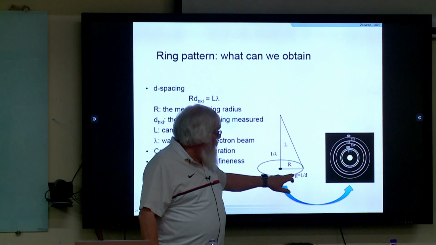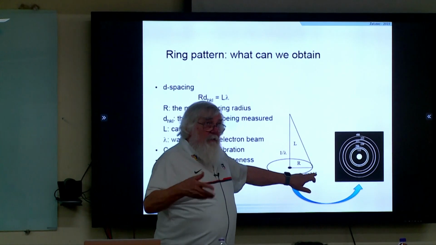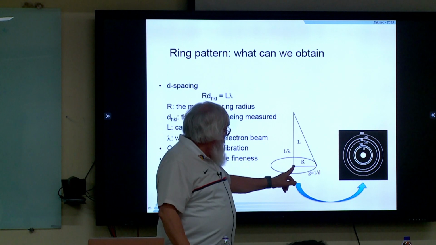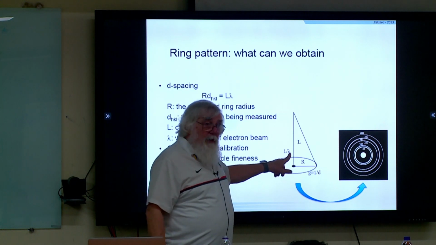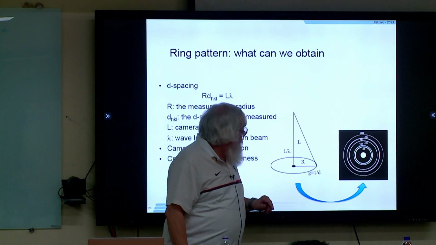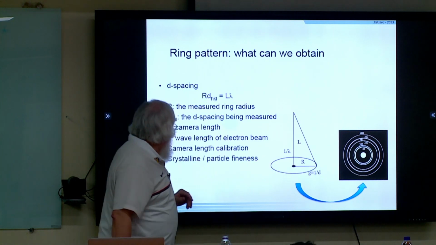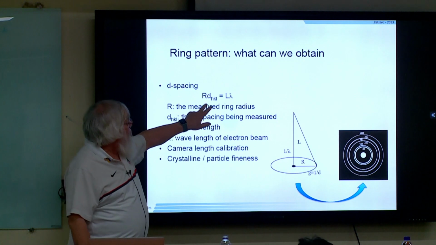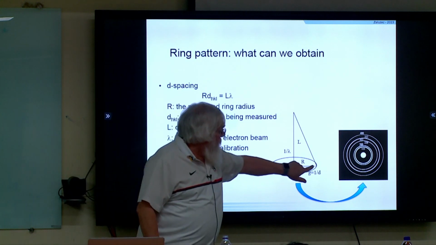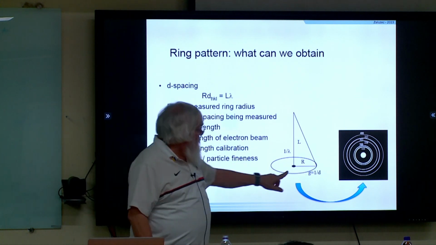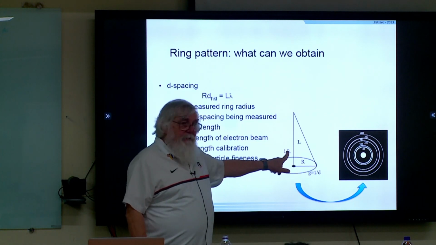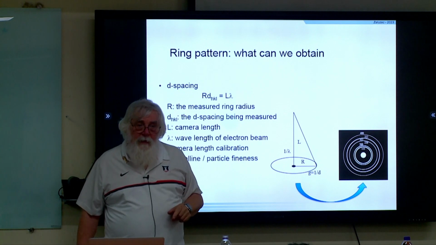That radius is proportional to 1 over the spacing between the planes. This length is proportional to 1 over the wavelength. Okay? If we take that geometry, we can show that a very simple equation describes it, namely the radius times the d-spacing is equal to the length times the wavelength.